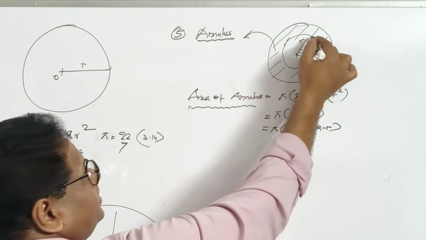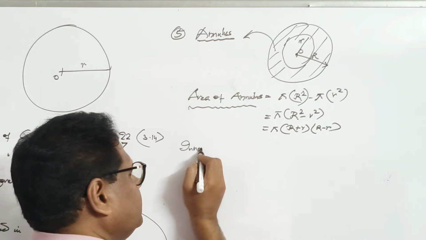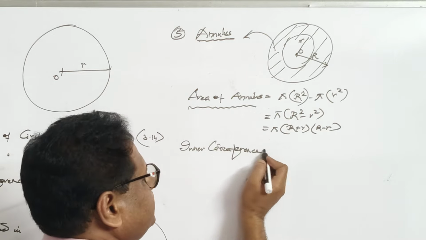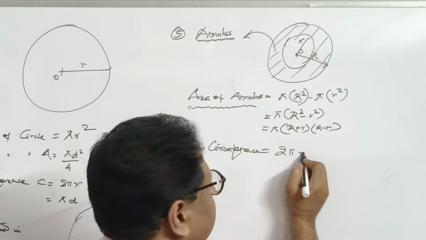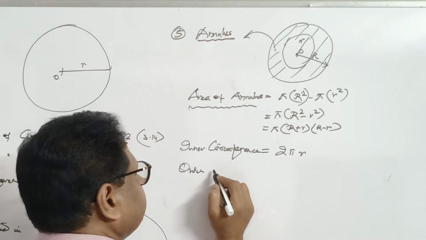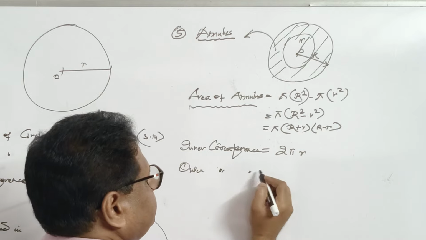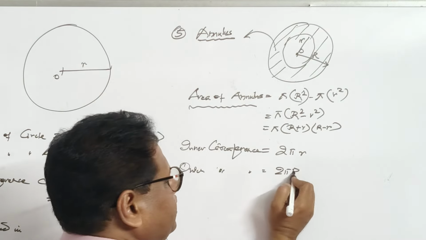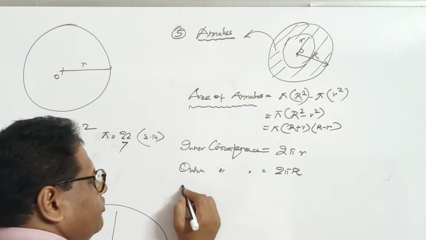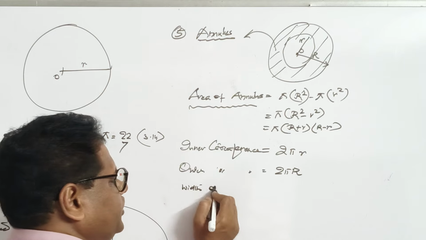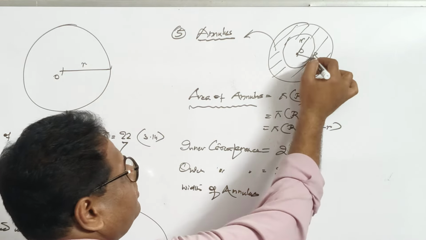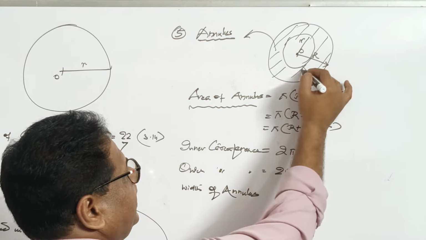Suppose the question asks, what is the inner circumference? To get the inner circumference, we have the formula 2 pi small r. To get the outer circumference, this is equal to 2 pi capital R. And if you want to find the width of the annulus, this is the width of the annulus indicated by x.